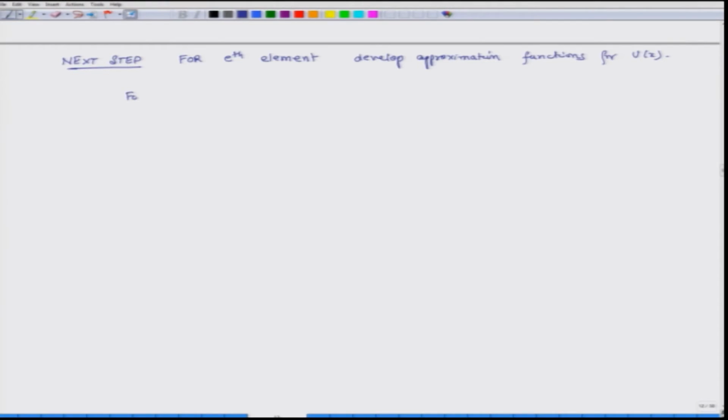So, for a linear element, okay, I have two nodes and u of x varies linearly over the element.